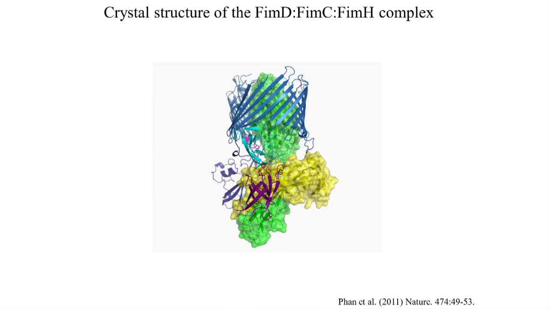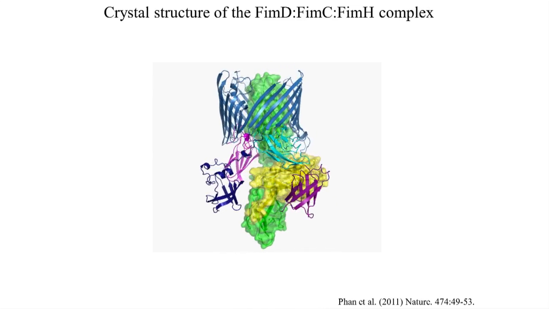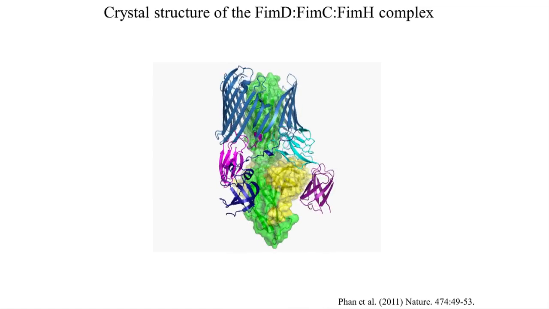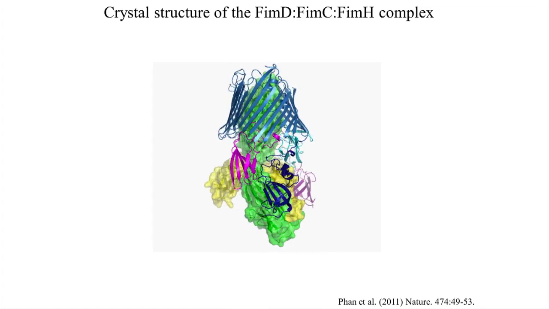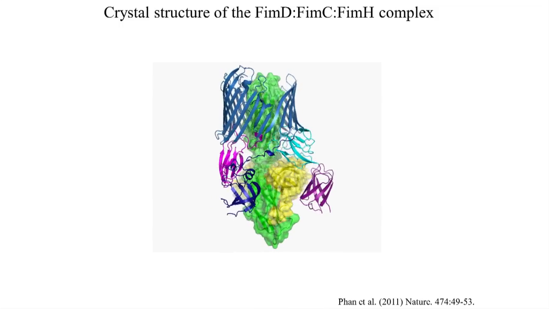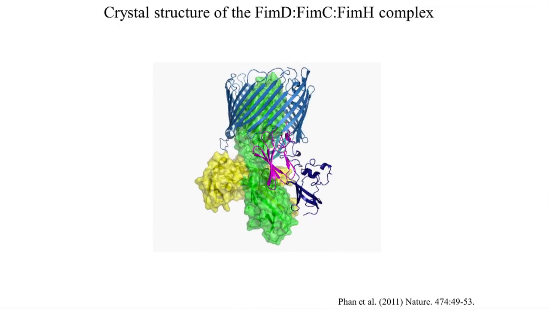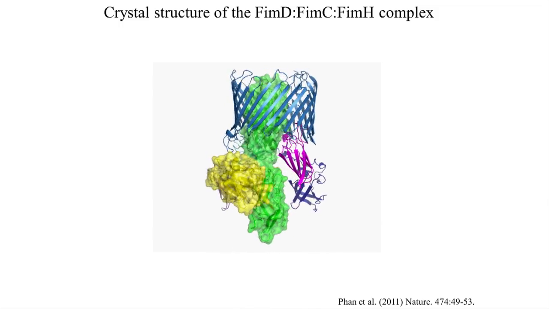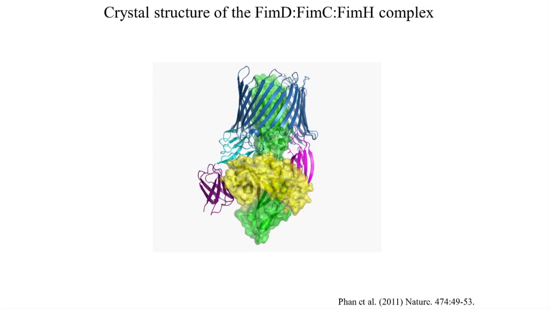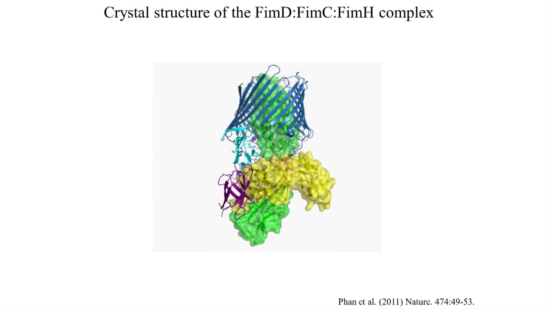As you can see, the chaperone in yellow and the subunit in green are bound to those 2 domains, not this one. And obviously what you can see as well is that if I rotate, you can see that the subunit has inserted inside the barrel, which was at the time and still is an exceptional view of a transporter.